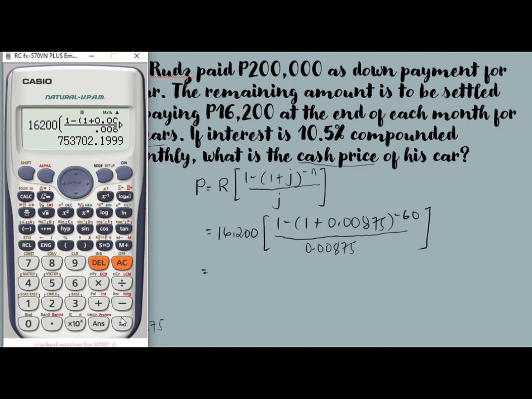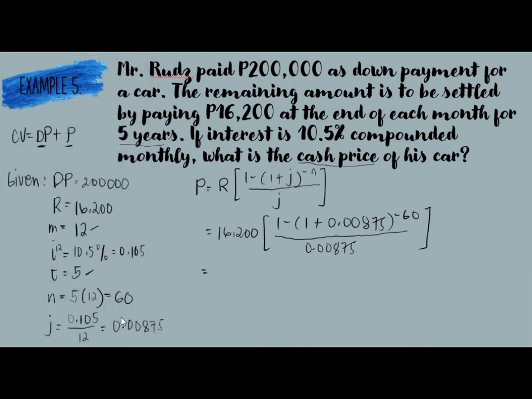So, yung ating present value is 753,702.20. Okay, so 753,702.20. So, ito po ngayon yung ating principal.